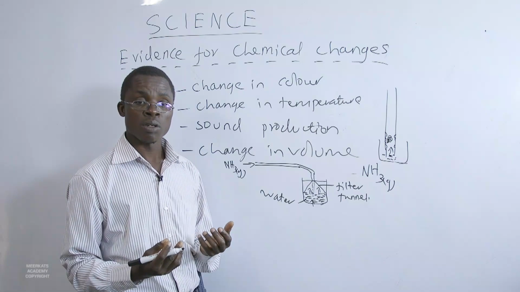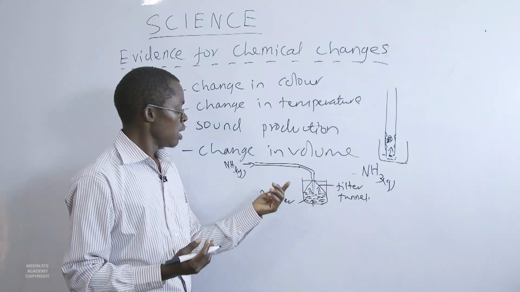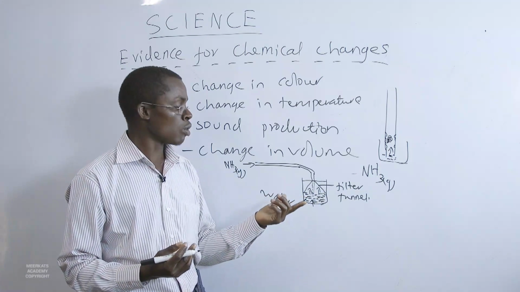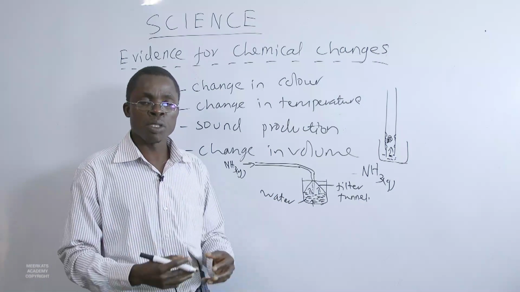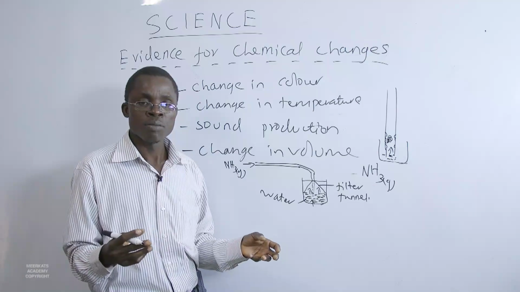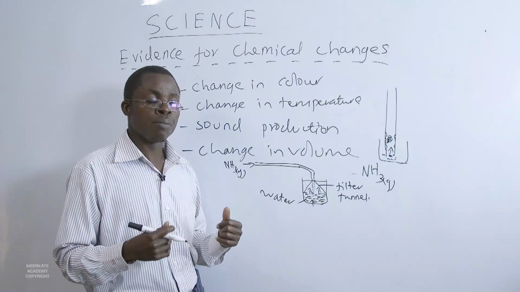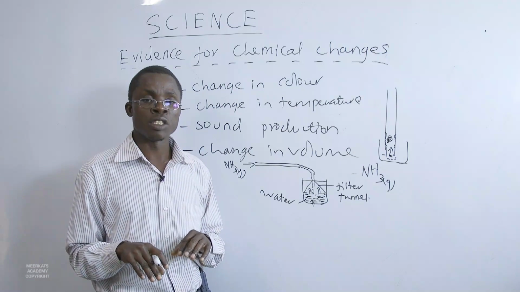And the answer is no. There is no injection of water from the bottom. What we are seeing is the rapid dissolving of ammonia in water. And in so doing, it makes water create more air spaces between the water molecules, which are being occupied by the ammonia gas that is coming in as it dissolves.